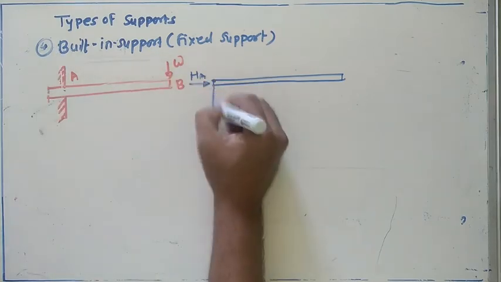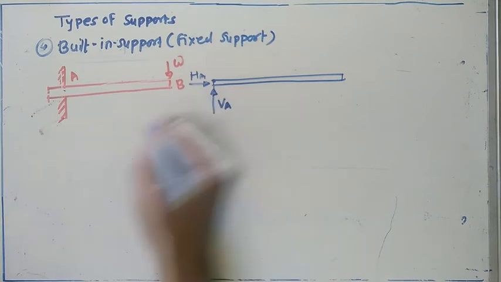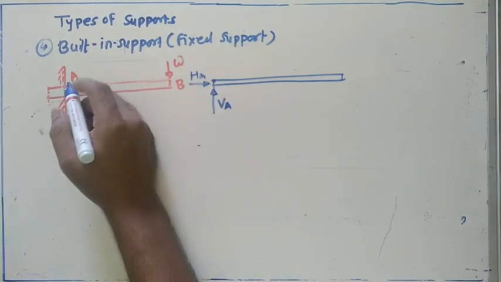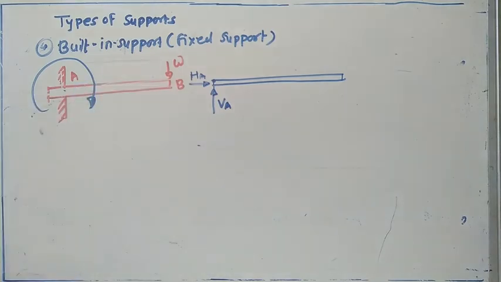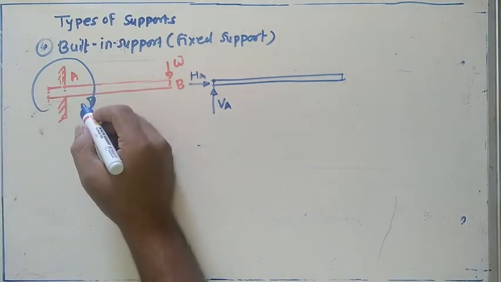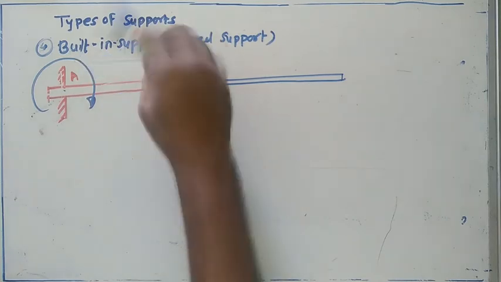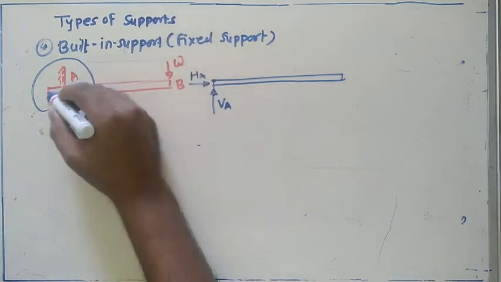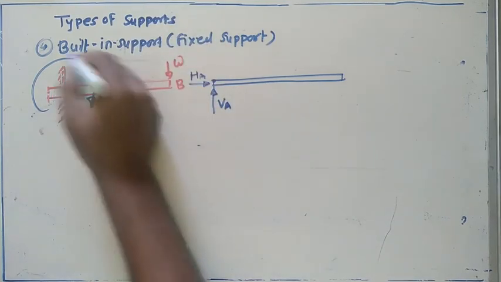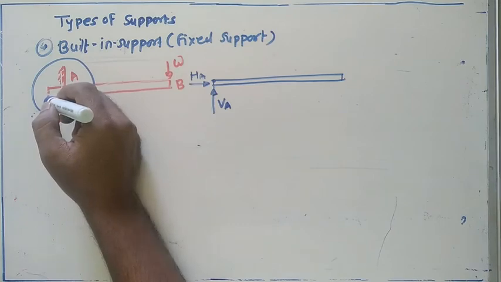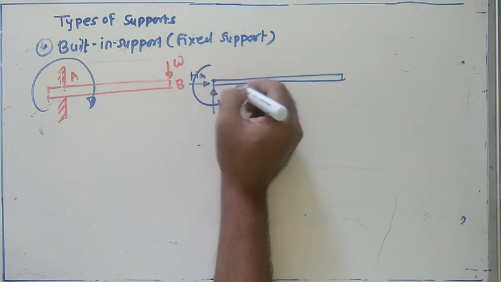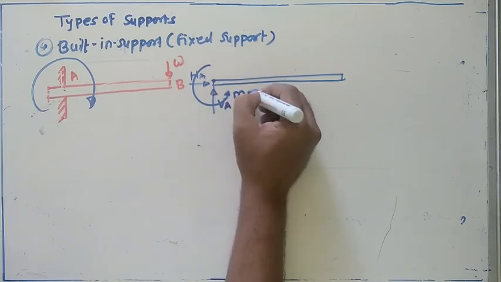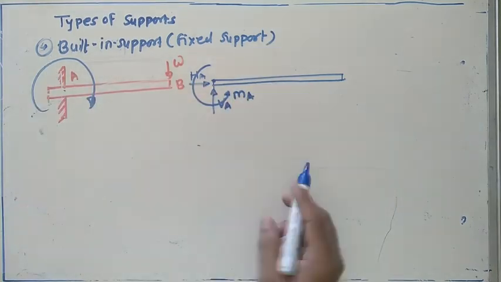That's why here the reaction will come. When we apply certain load here, the tendency of this beam to rotate in the opposite direction means one more reaction comes into picture. That reaction is the moment about this point A.